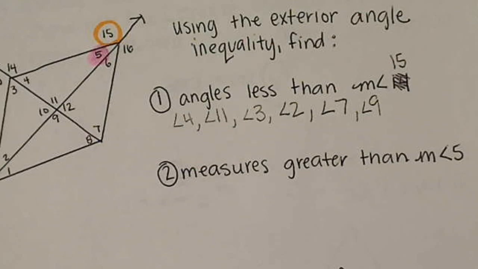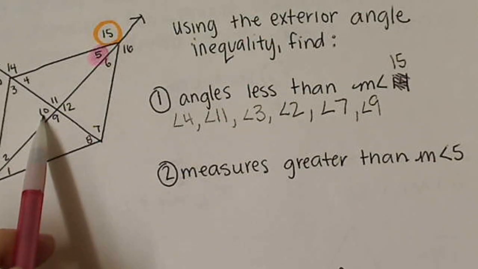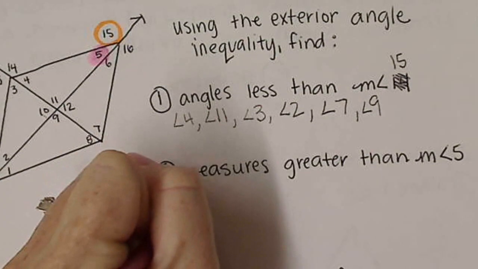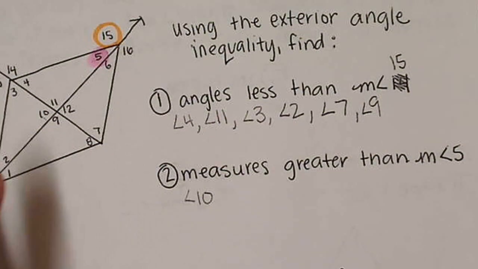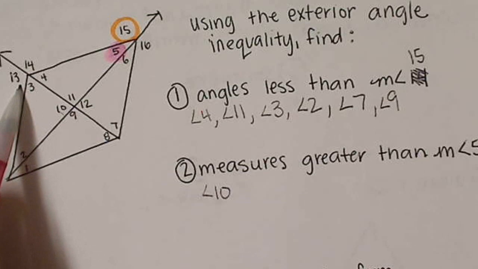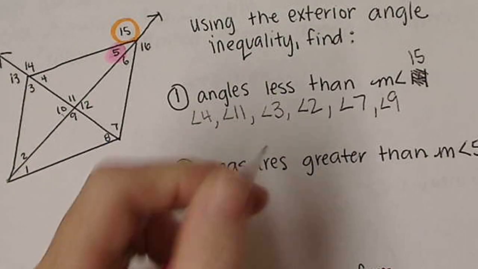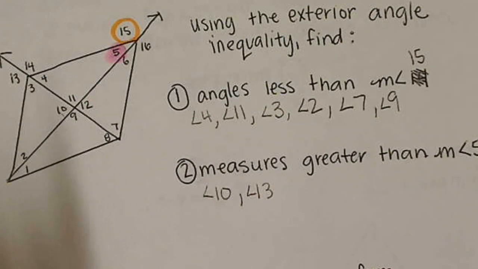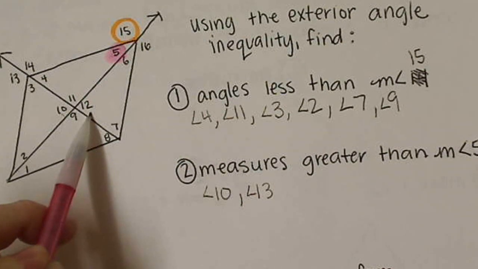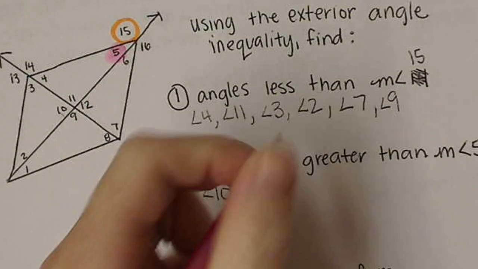The angles that will be greater than angle 5 are angle 10, because it's exterior to the triangle, angle 13, which is right over here, outside, I also have angle 12, it's exterior.